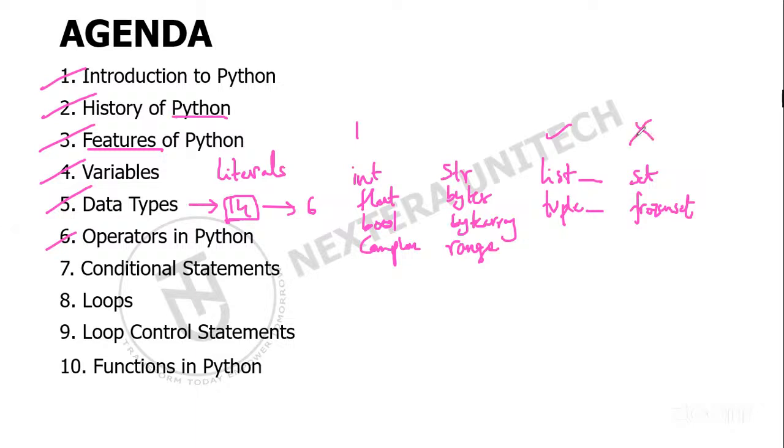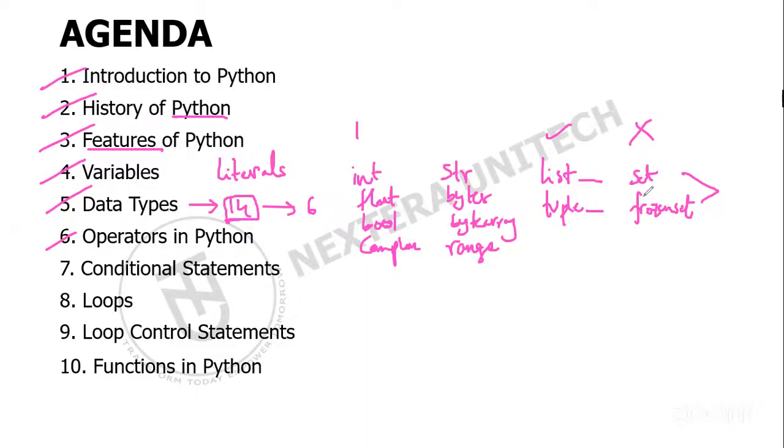We cannot have duplicates under set and frozen set objects. Again, they are similar, but in one aspect they are different. Set is mutable in case of add function, and set acts as immutable type in case of item assignment. Whereas frozen set is a complete immutable type. It's a complete immutable object.